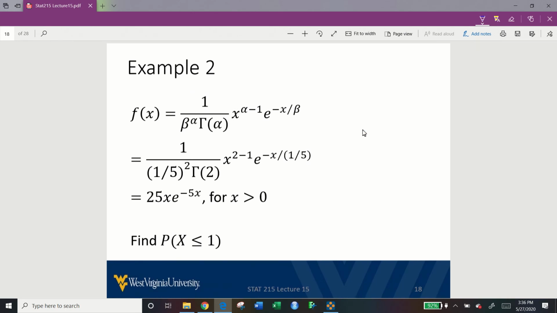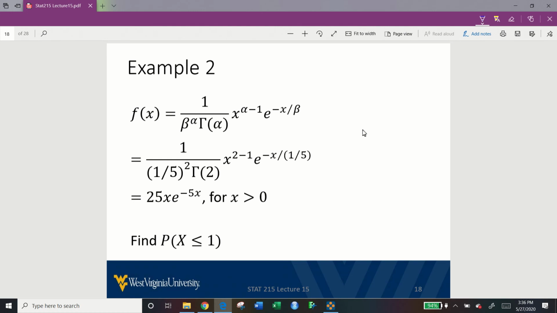So by plugging in, we can find that f of x equals 1 over beta to the alpha multiplied by gamma of alpha, multiplied by x to the alpha minus 1 multiplied by e to the negative x over beta.